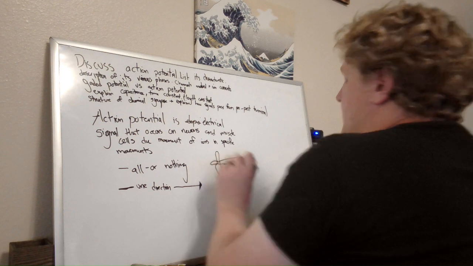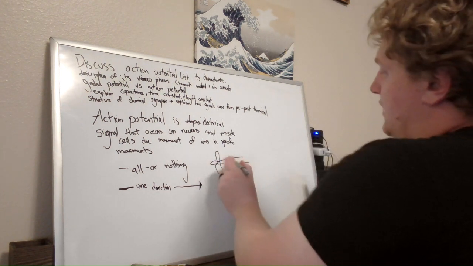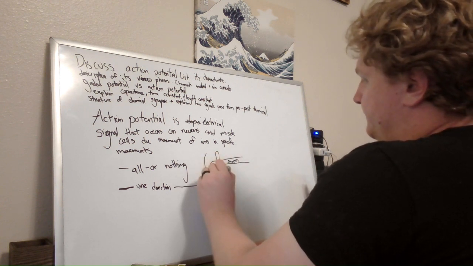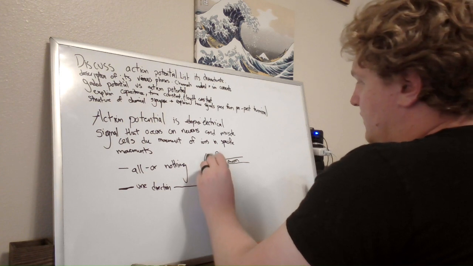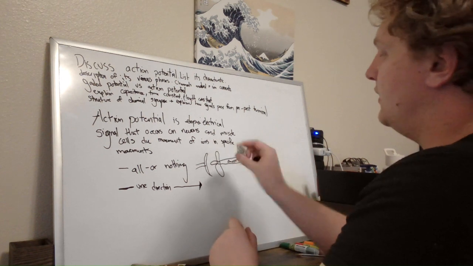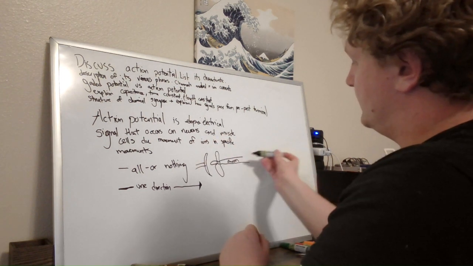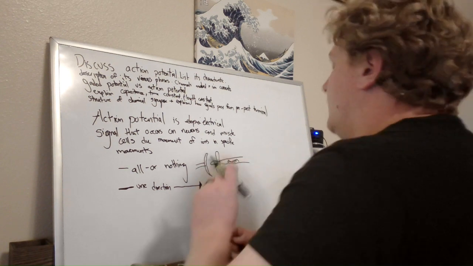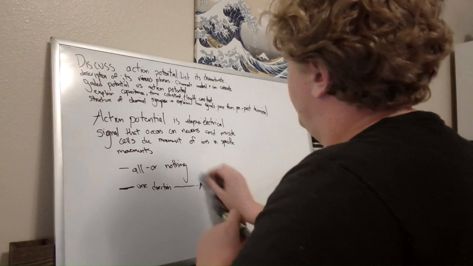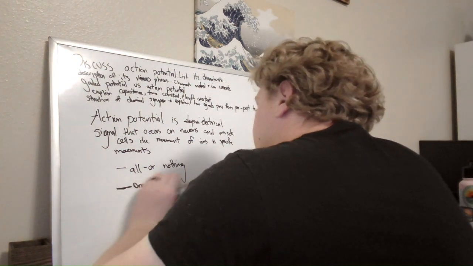So this right here we would call the body, the little dot is the nucleus, these are dendrites right here, the soma, and this is the axon. They only go down this direction. The signal doesn't go back that way. All or nothing, one directional.